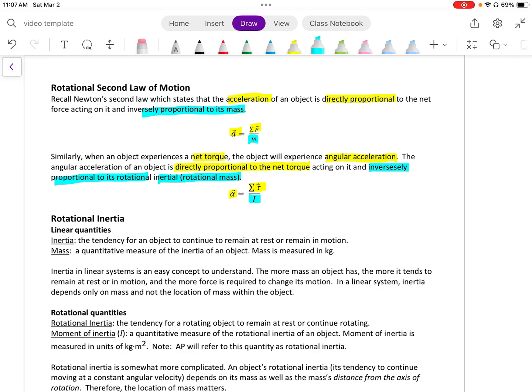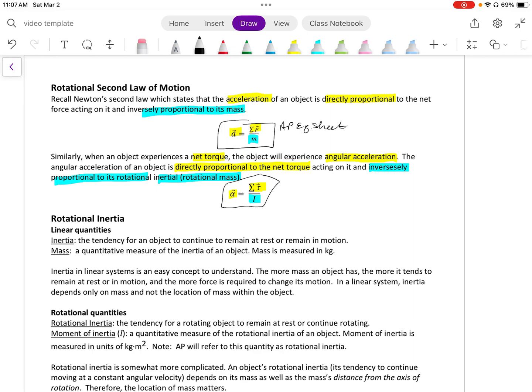We're going to get into what that is, how to calculate it, and how it impacts the angular acceleration of the object. How this is written here is how it is on the AP equation sheet for both of them.